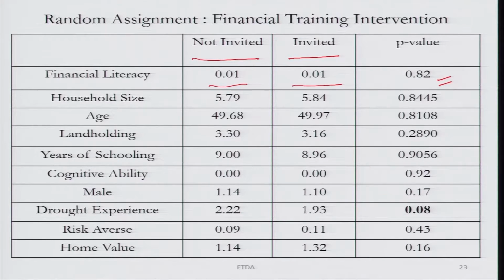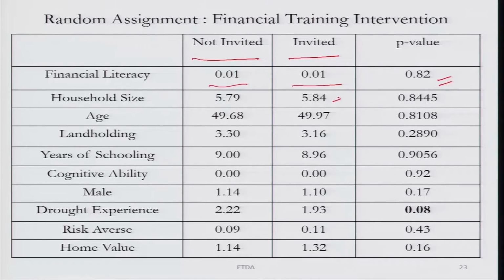This is before the financial literacy intervention or training was given. Once again, when you look at household size, it is very similar across the treatment and control group, and similarly age, roughly 50 across the treatment and control group.